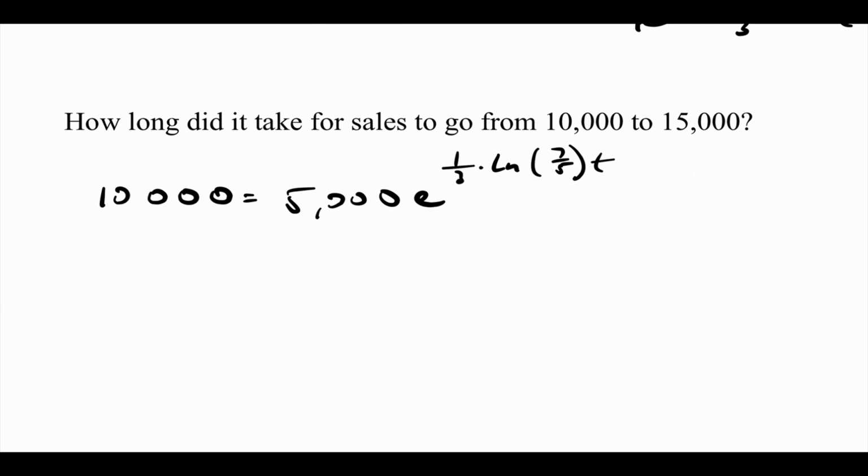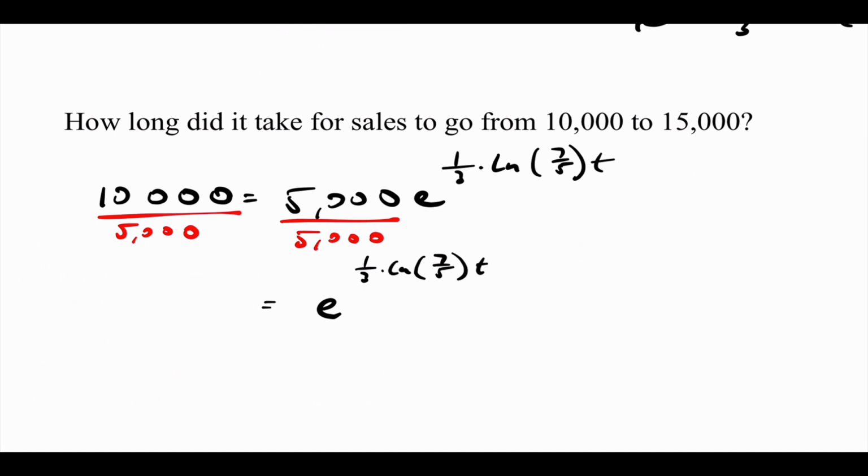Okay, t's up in the sky. So first thing I got to do is divide by 5,000. 5,000 goes into 10,000 twice because it's half.